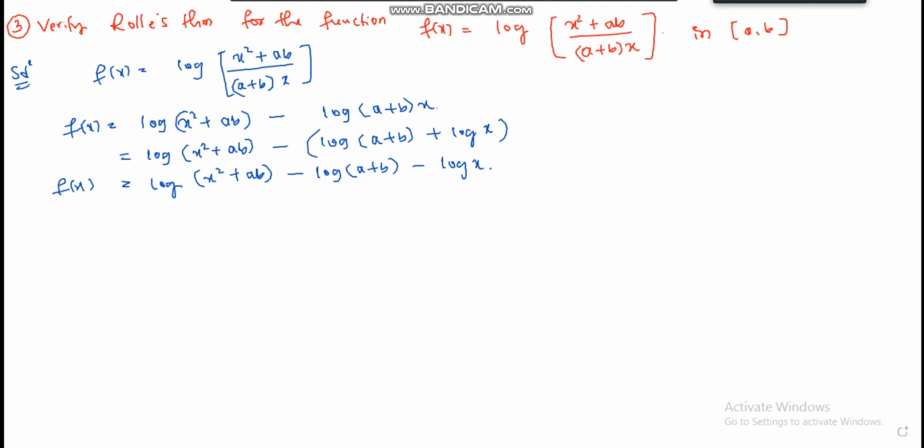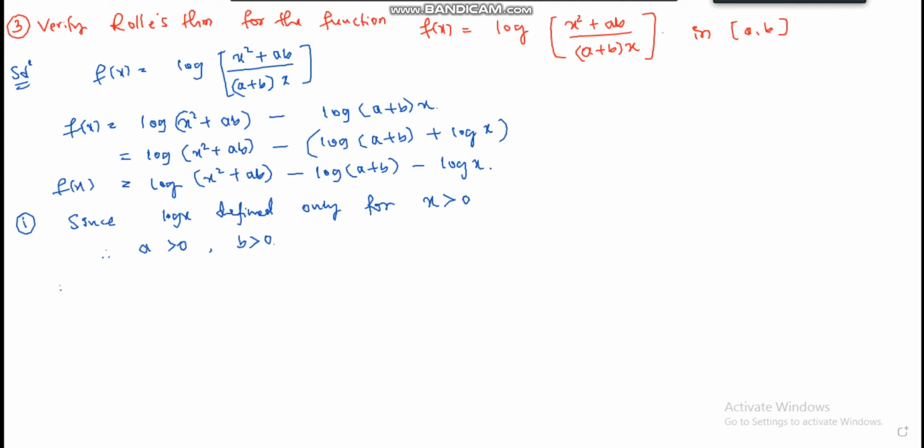So what about the first condition? They gave the log function, so log x is defined only for x greater than 0. Since log x is defined only for x greater than 0, therefore a is also greater than 0 and b is also greater than 0 here.